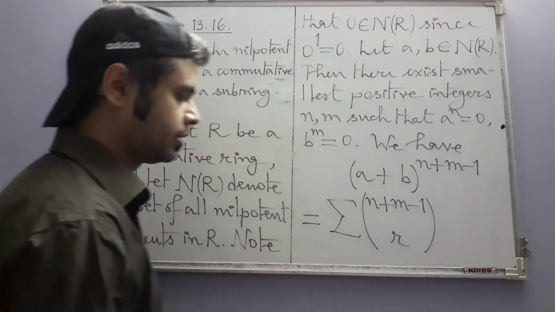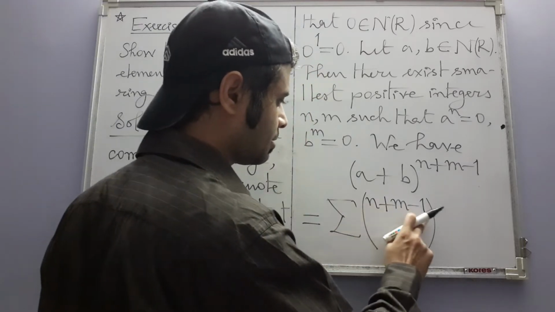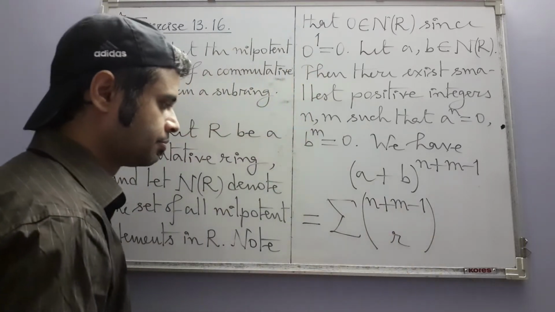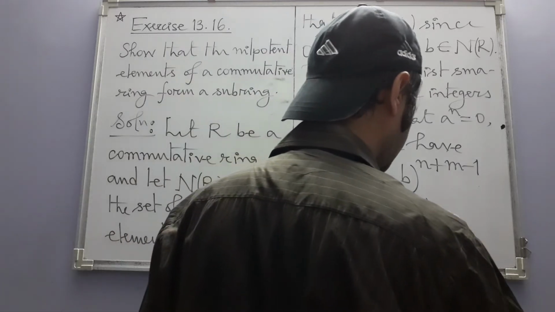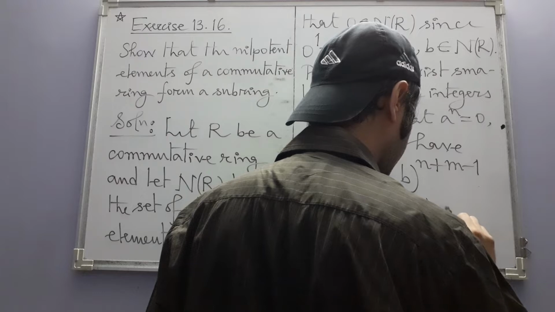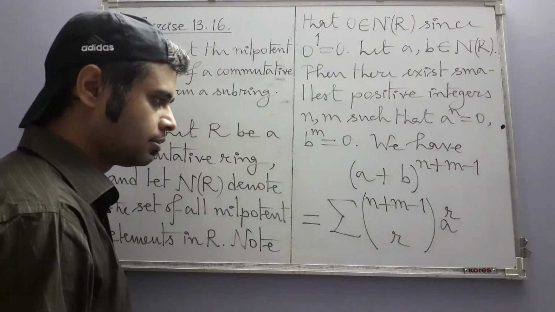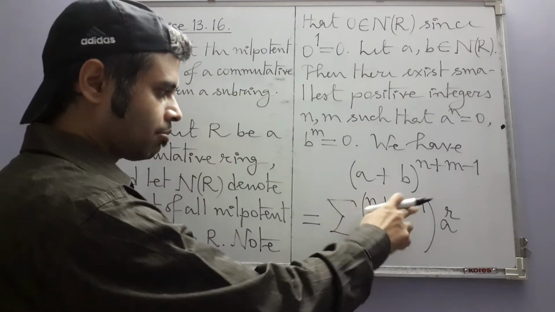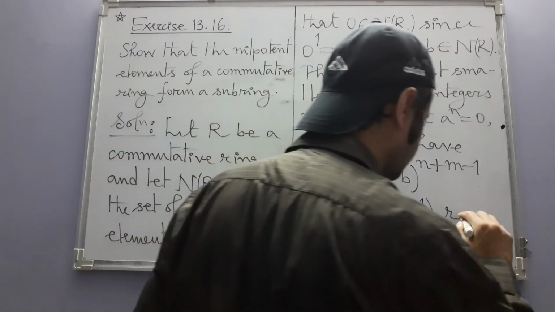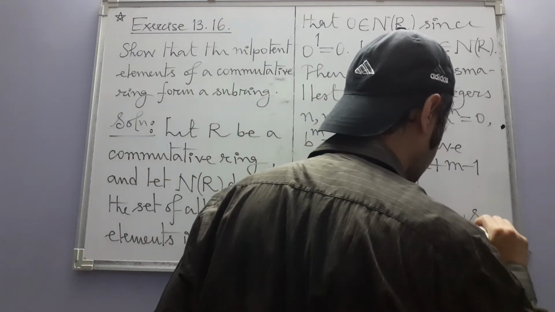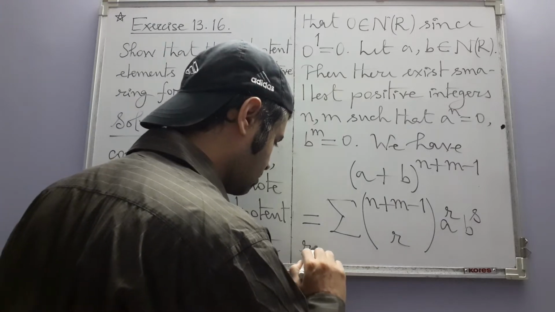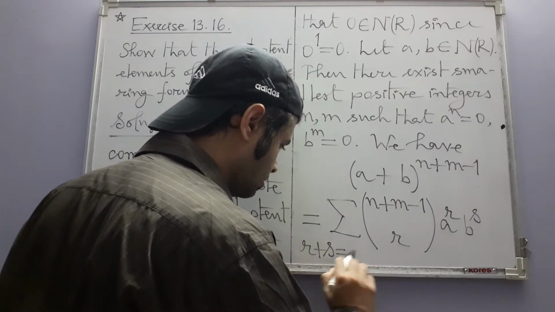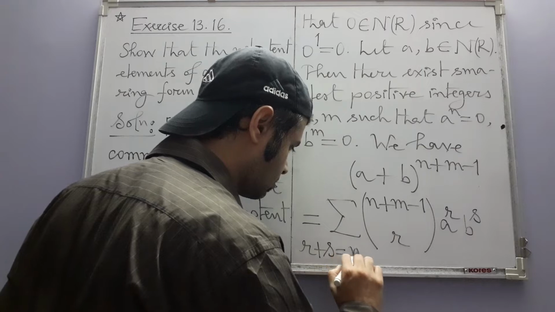In old notation you also write this as n plus m minus 1 C r, okay, and followed by powers of a and b, a to the power r times b to the power this minus r, but I choose to write another variable, say s, such that the sum of r and s should be this thing.